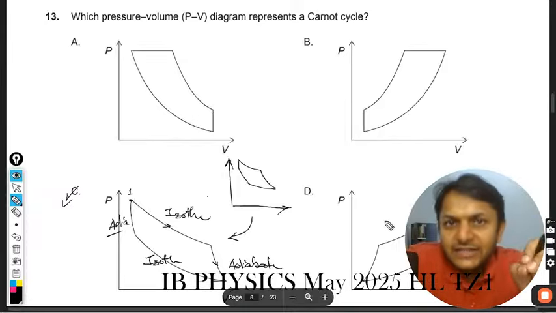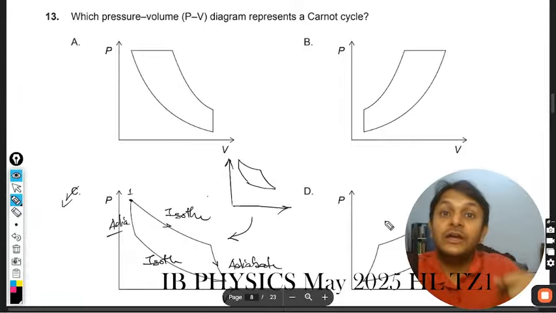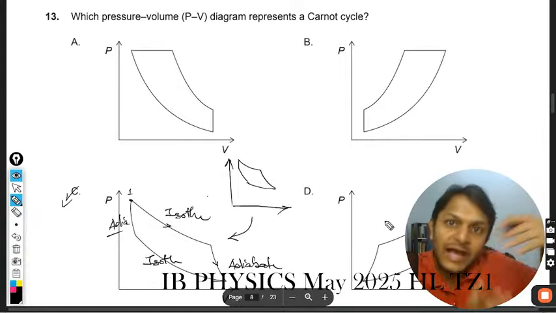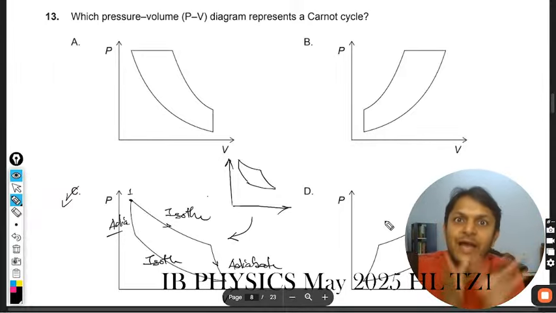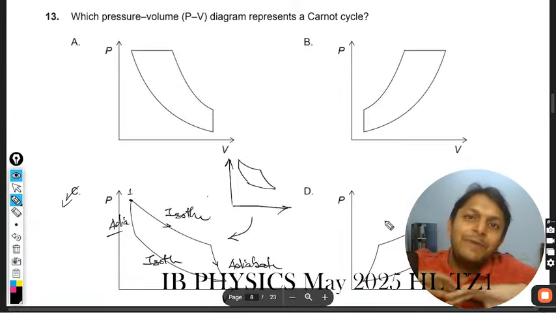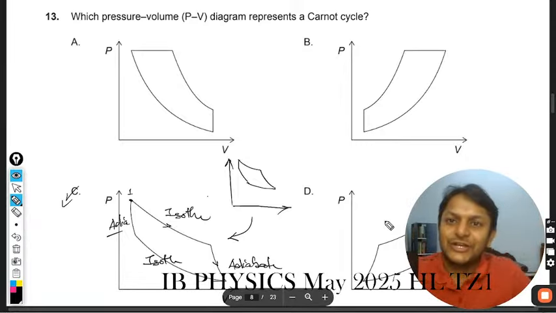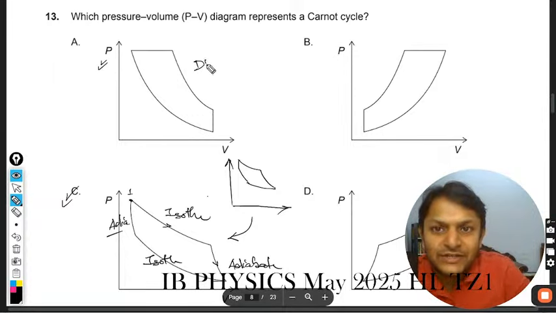See, I tell you, thermodynamics is a very big topic. When you go into your university physics, or you take physics as a subject at university, you will find thermodynamics expands itself into a very, very big subject. There are many other cycles, not only the Carnot cycle, like the example shown here. This is the example of a diesel cycle.